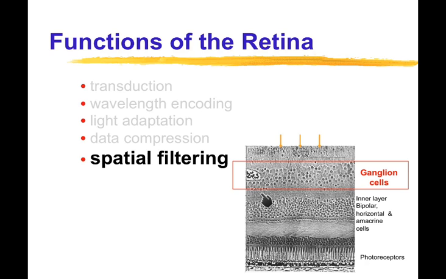And this is happening now no longer in the photoreceptors of your retina, but in the neurons called ganglion cells. And these neurons generate action potentials. So if you put an electrode next to a ganglion cell, you could actually measure spikes. And the output of the retina is sent from the ganglion cells to the brain through the optic nerve.